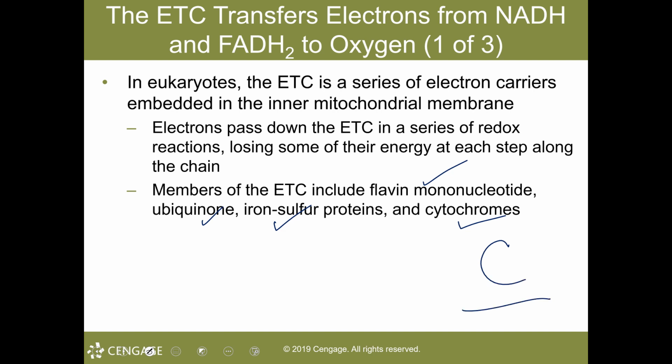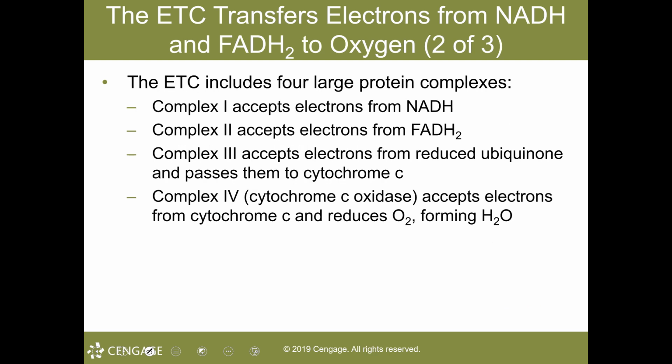Let's now continue. As those electrons pass from electron acceptor to electron acceptor, some of that energy is transporting hydrogen ions, or protons, across the inner mitochondrial membrane, forming a proton gradient. This lists those 4 large protein complexes that accept those electrons.